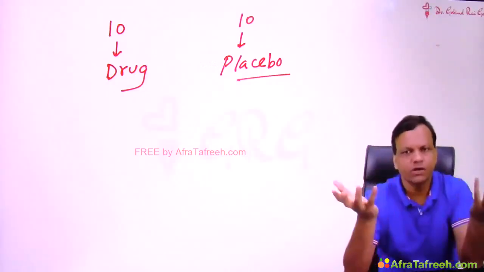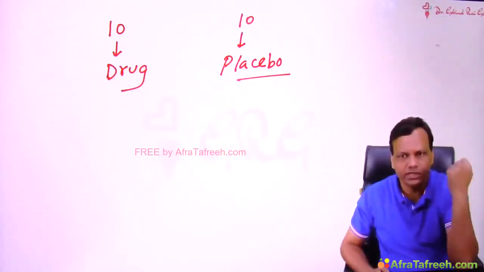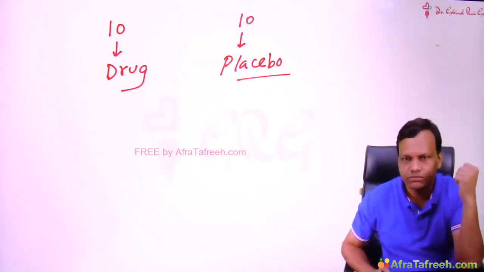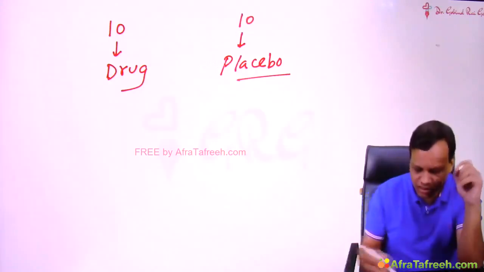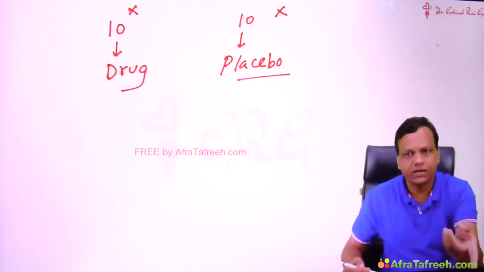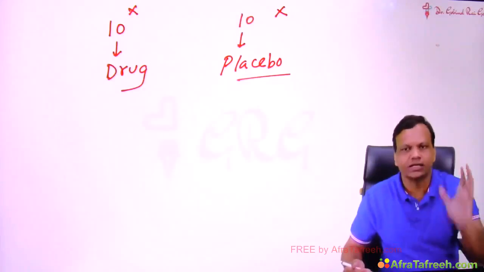Our purpose would be lost, because if a person comes to know that I am getting a sugar tablet, not a drug, obviously the placebo effect will not come. So these people should not know who is getting a drug and who is getting a placebo. Everyone should assume that I am getting a drug.